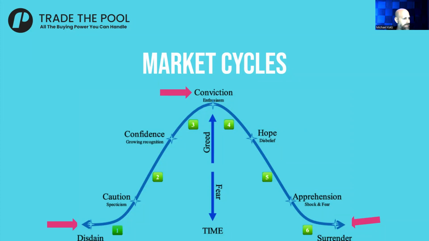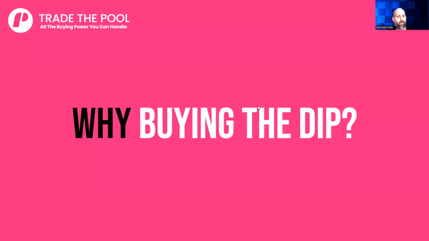If we understand that the market is in a cycle, we can understand why we want to buy the dip. Because at the bottom, obviously, some buyers come in, pushing the price higher. This is basically what they teach us from day one: you want to buy low and sell high.